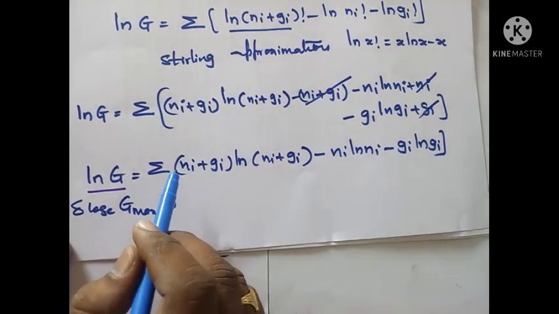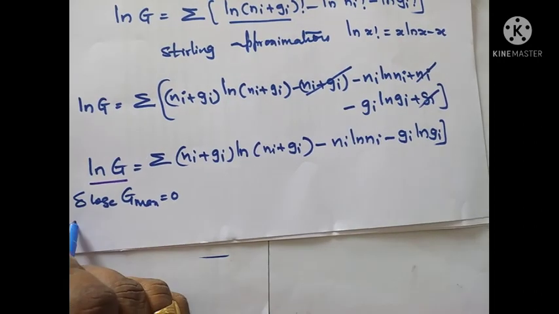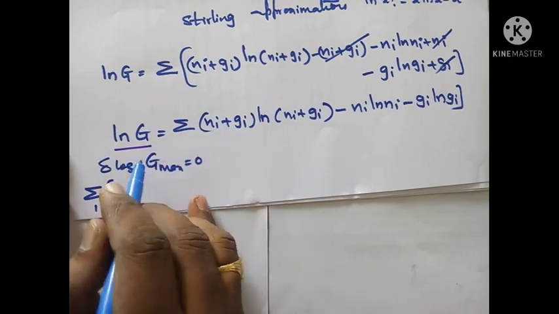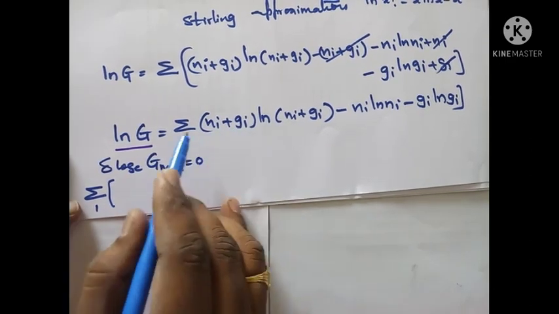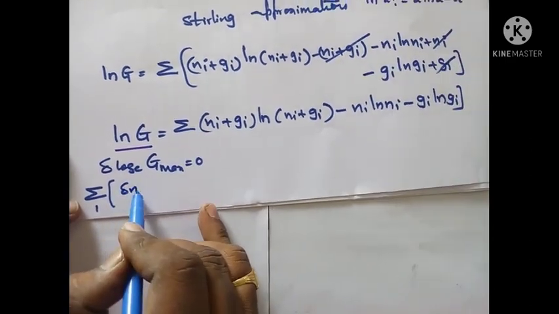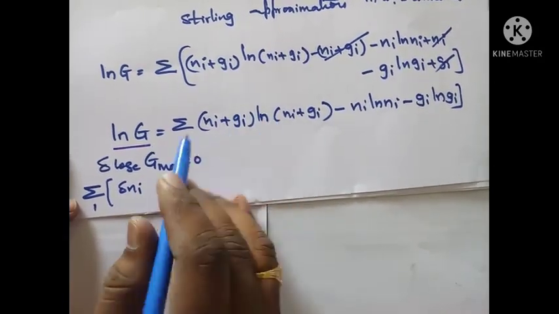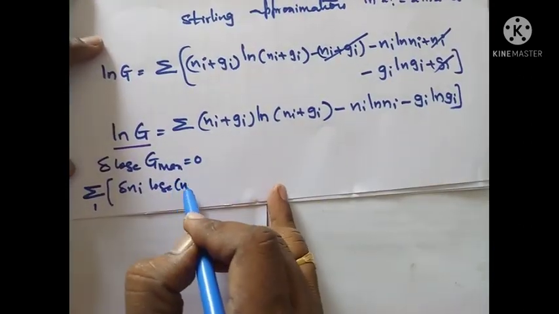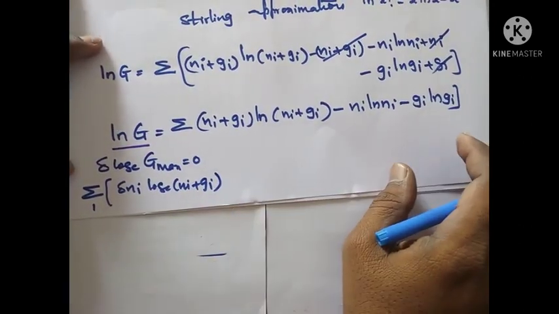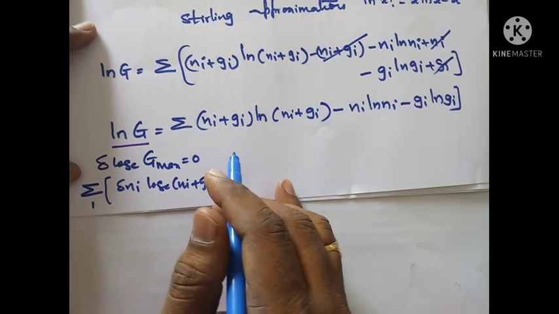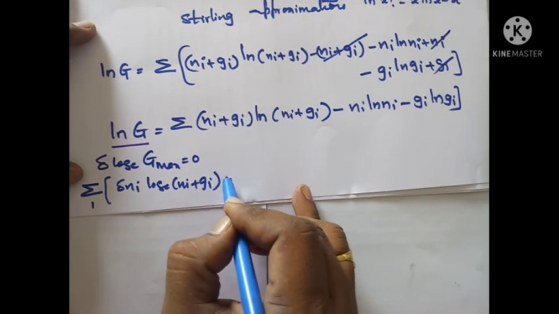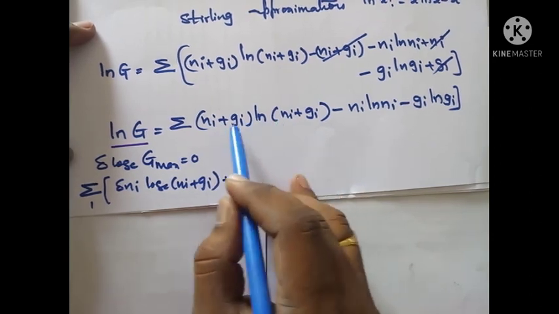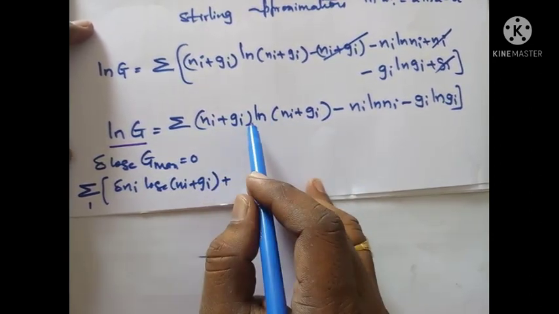By doing this, we get the summation over i, where gi is constant and we have only dou ni, and this can be written as log e (ni + gi), log e plus (ni + gi), plus, here I'm taking the differentiation of xy.